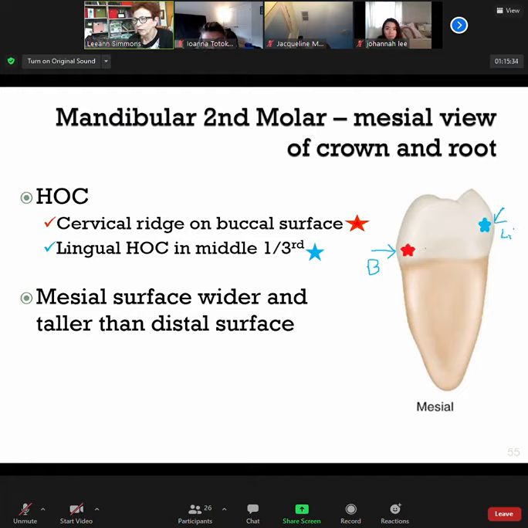All posterior teeth have a lingual height of contour in the middle third. And the mesial surface, again, is going to be wider buccolingually than the distal is, and taller. Let me find my cursor here. Here we go. So it's taller and wider than the distal.